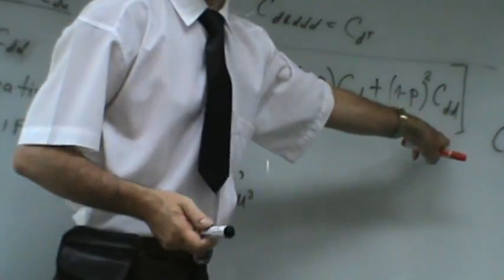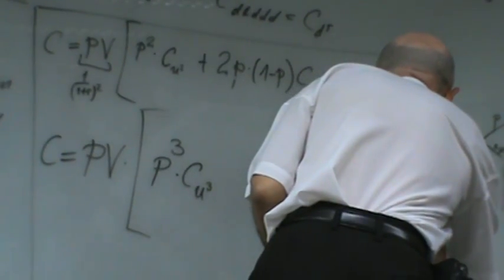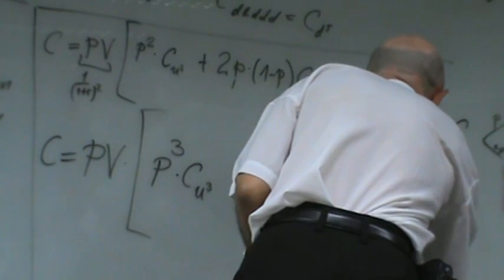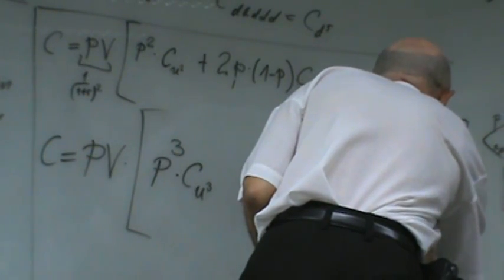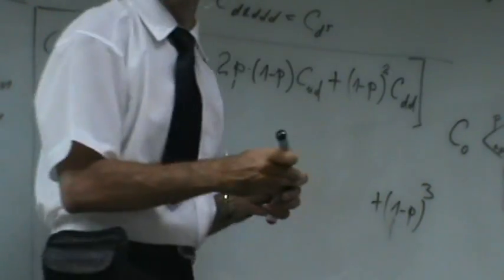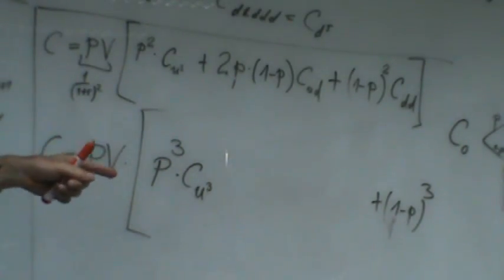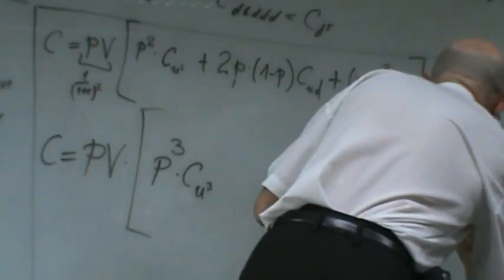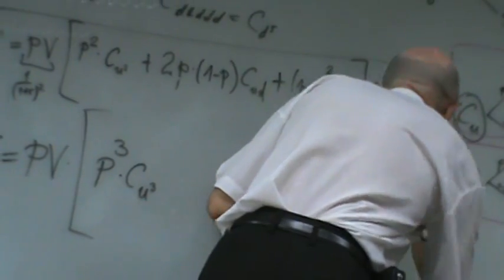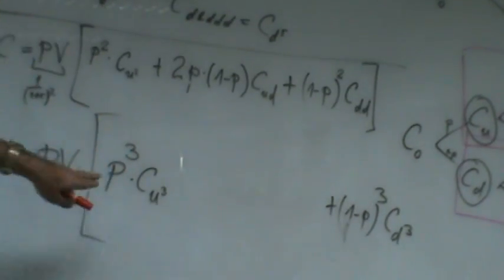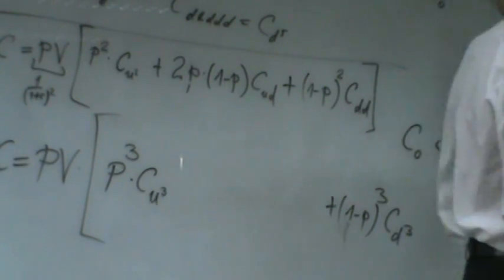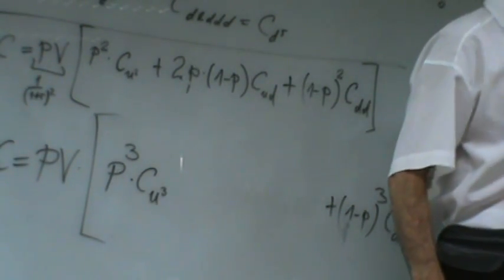On the very other end is going to be 1 minus P to the power of 3 times C_ddd. So you got a one-time chance of going up here, one-time chance of going down here.